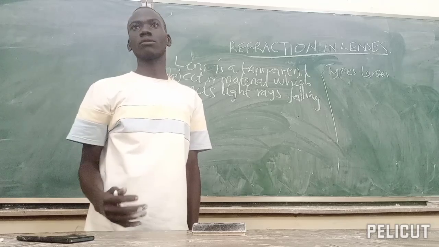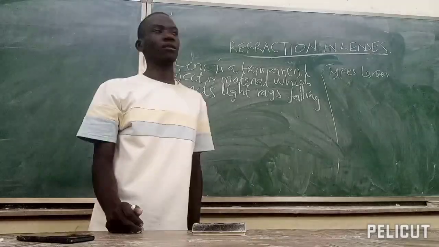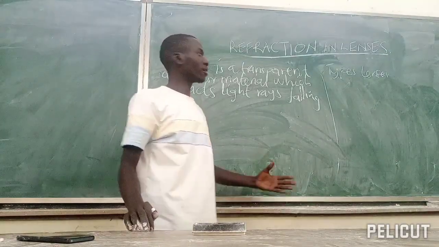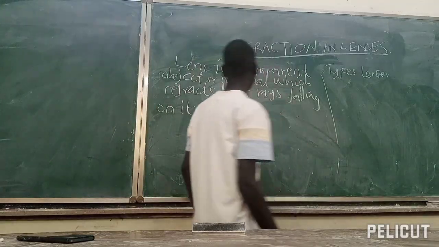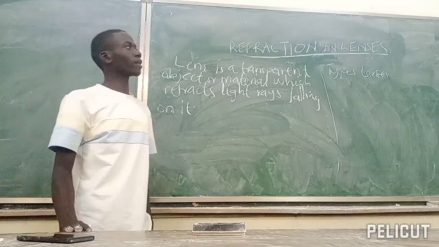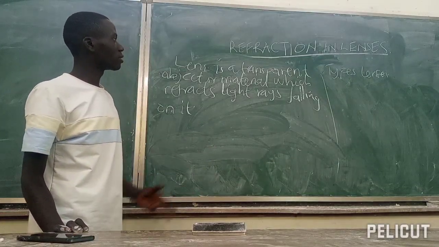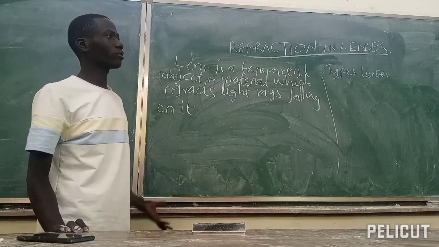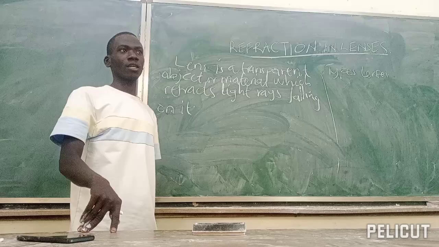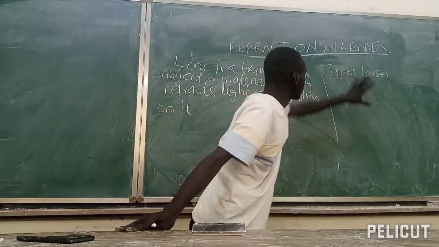Yes, you can consider that so long as it refracts, but it depends on which type of lens. Because we have different types of lenses. There are those which diverge. Now you ask yourself, is your mirror diverging or converging, or is it doing both? We shall reach that when we look at the types of lenses.